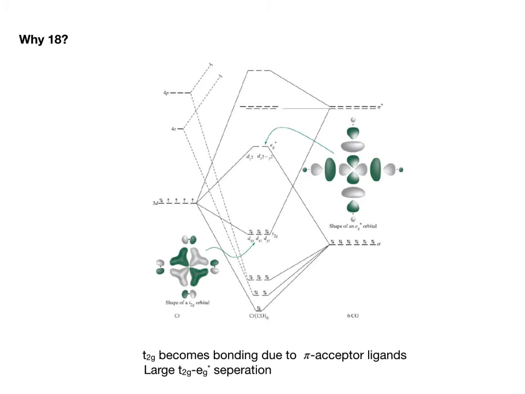So basically, this 18 electron rule, as I mentioned before, is empirical and it can be broken. And knowing the origin of this 18 electron rule, you would expect it to be more strictly observed in complexes having strong pi acceptor characteristics.